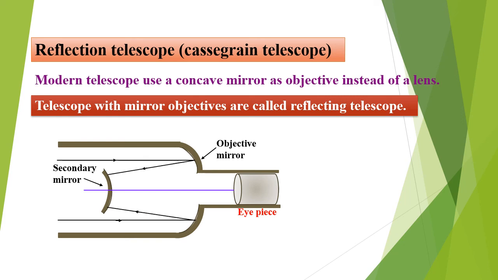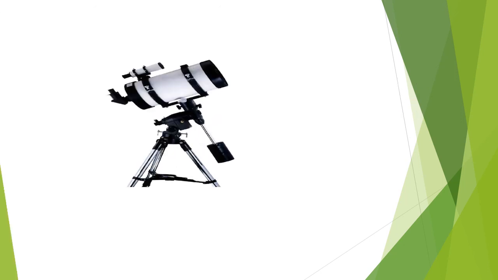They reflect back, and after reflecting they are incident on the secondary mirror which is a convex mirror, and divergence takes place because the laws of reflection are obeyed. They meet at the eyepiece. So when we look from the eyepiece, it will magnify and show the image. This is a Cassegrain telescope.